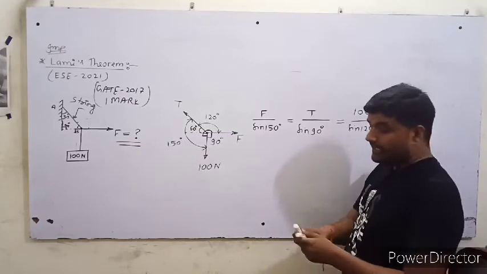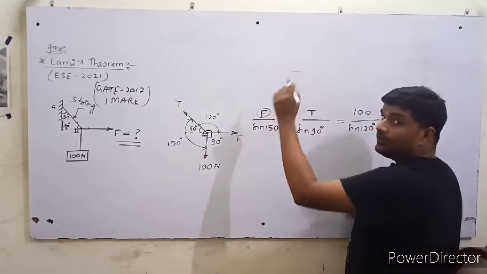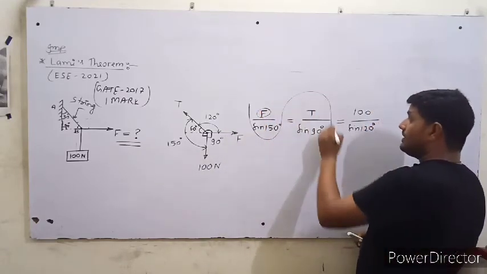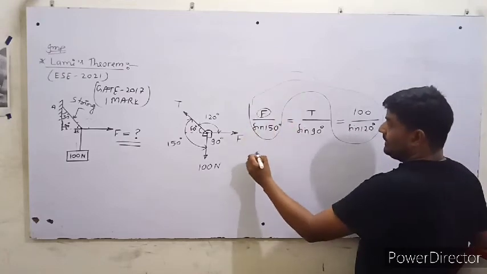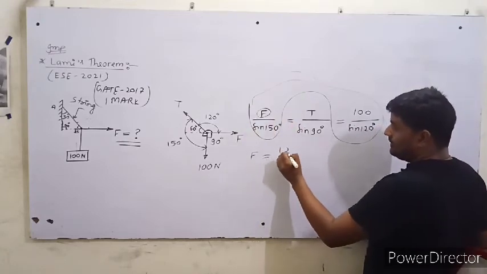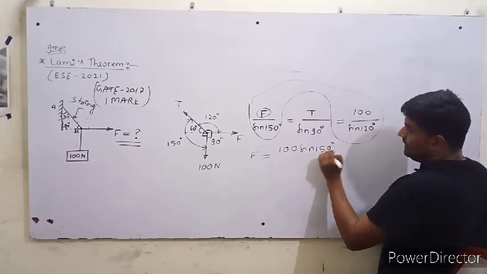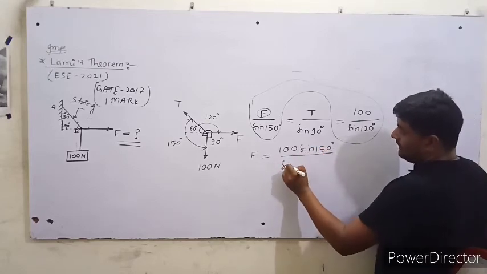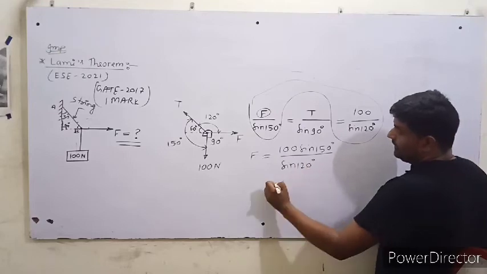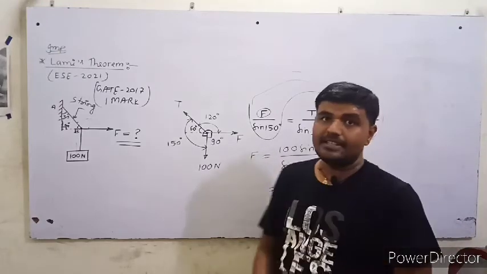What is our main target here? To determine the value of force F. So we will use this relation, that is F equals 100 sine 150 upon sine 120.